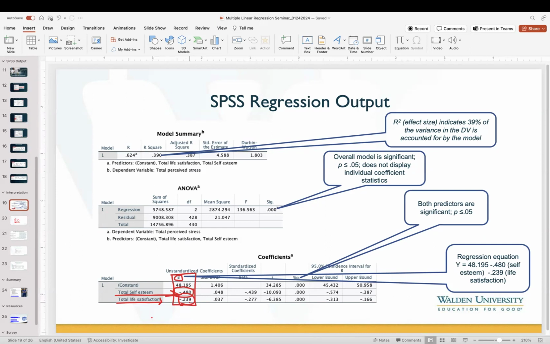That is what that means. So now you can see that as total self-esteem and satisfaction rises or gets lower, perceived stress will change by a certain amount. Does everybody understand that? And now we're getting to being able to use these coefficients to predict.